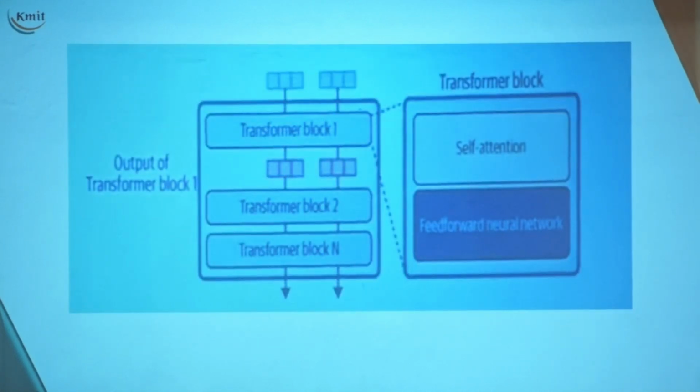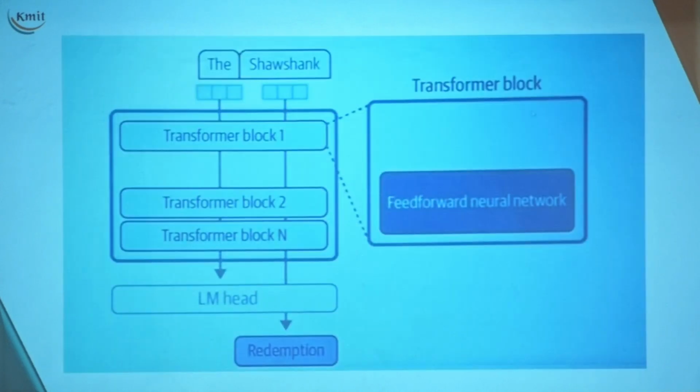Now look at that transformer block. What are the two important operations, as I told you, inside the encoder? Multi-head attention and feed forward. Multi-head attention is what? The self-attention. Can you see that? So inside the transformer block, what is happening in the encoder? Self-attention and feed forward neural network.